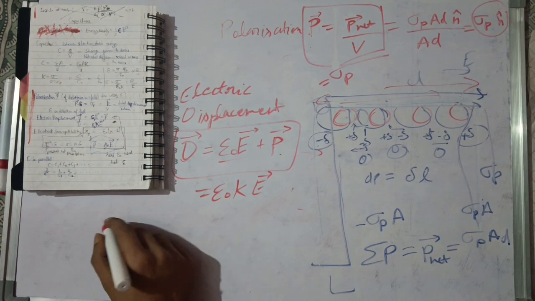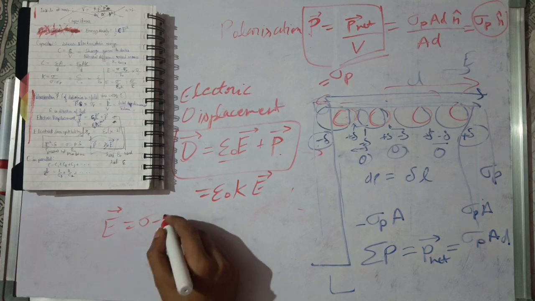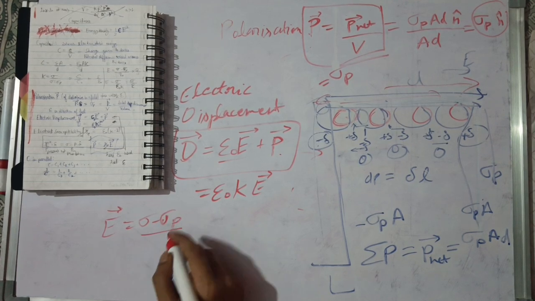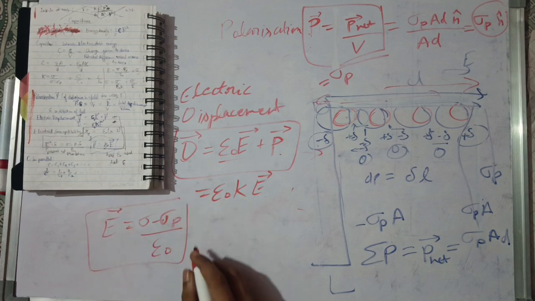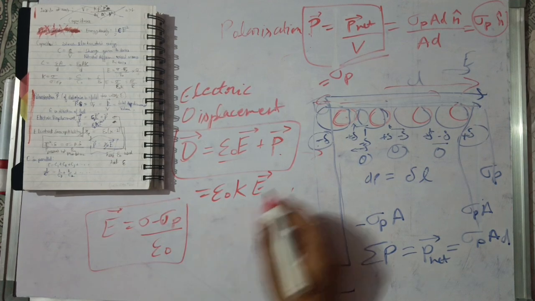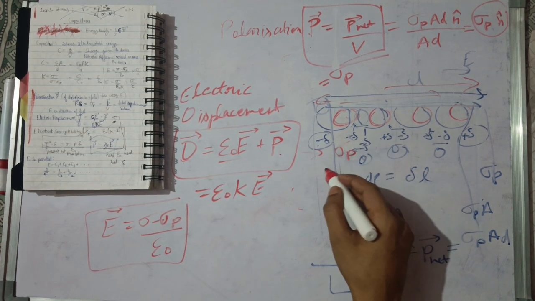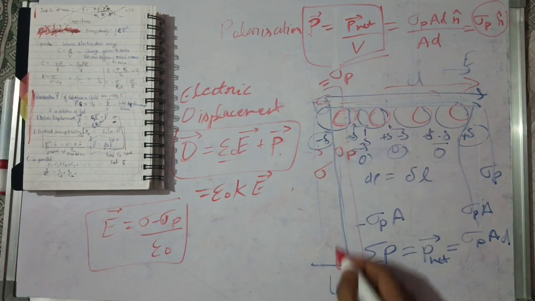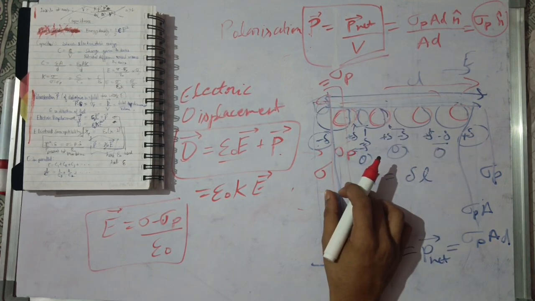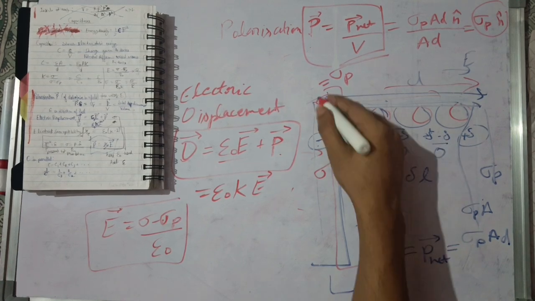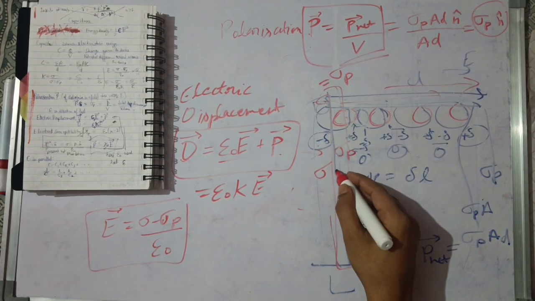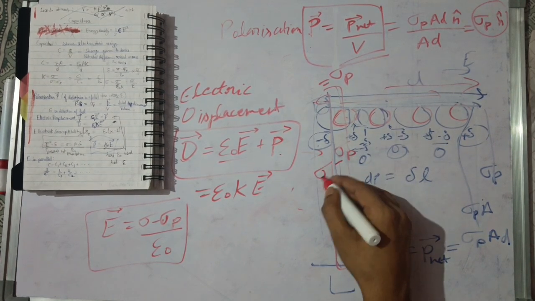We know that the electric field is equal to sigma minus sigma p upon epsilon naught, because sigma p reduces the value of the surface charge density here.